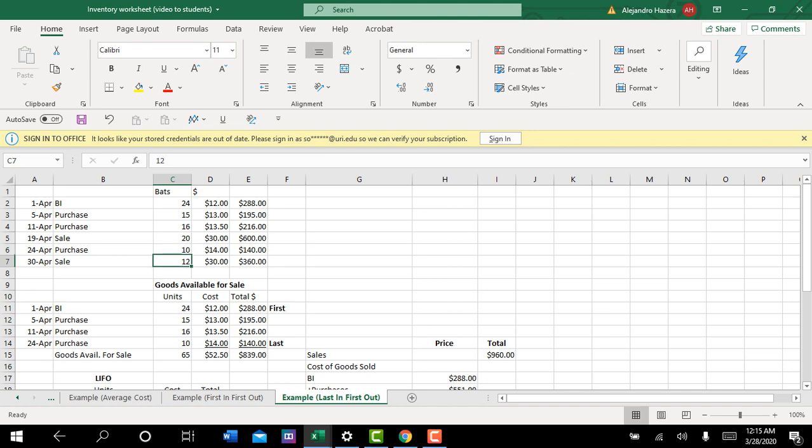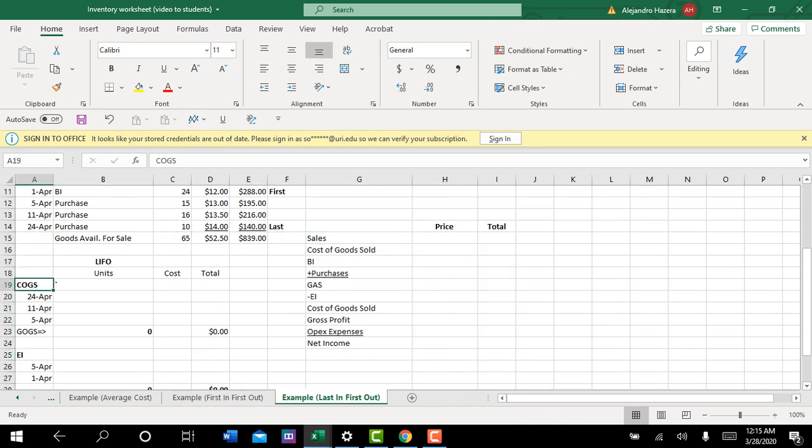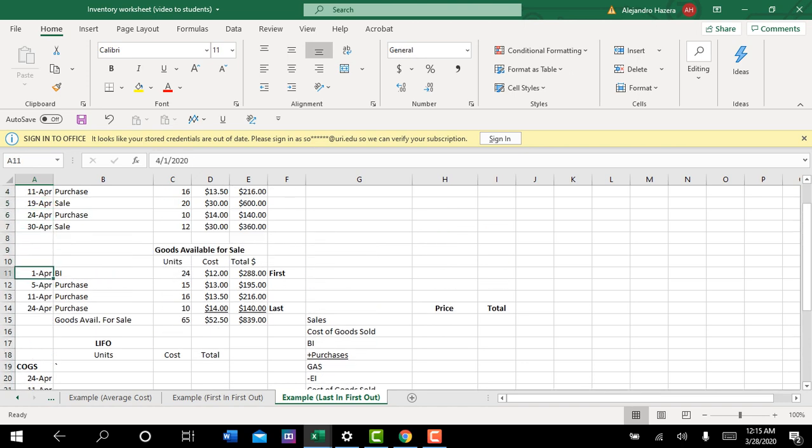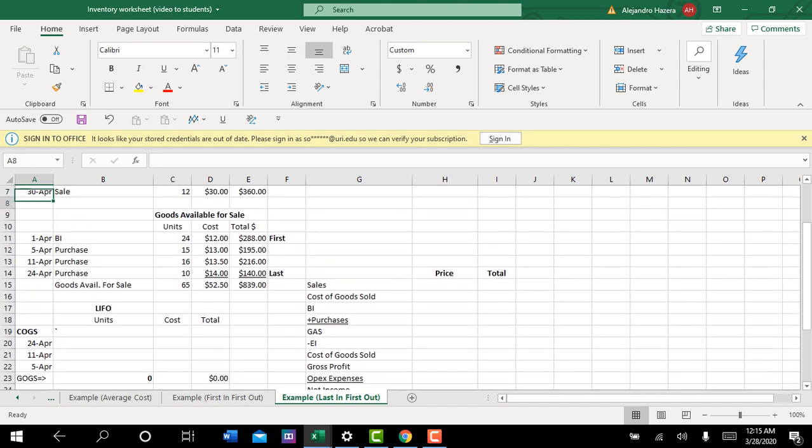Okay, now last in, first out, the assumption is that once you get your goods available for sale, and I want to reiterate, these are the same tables that I use back here. I use the same tables here, and I use the same tables there.